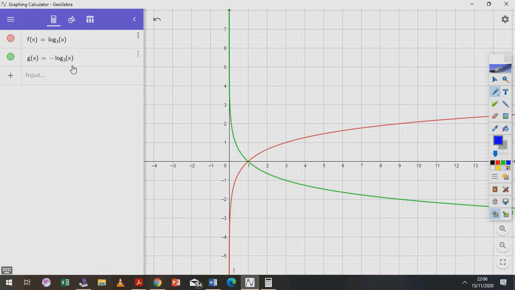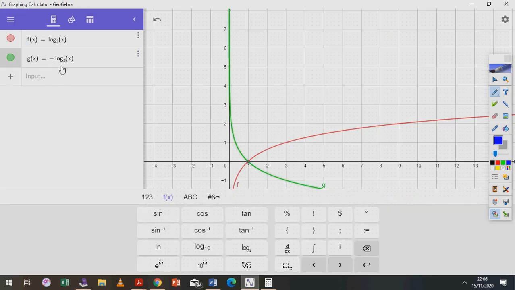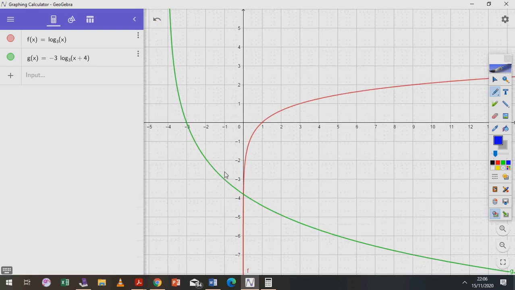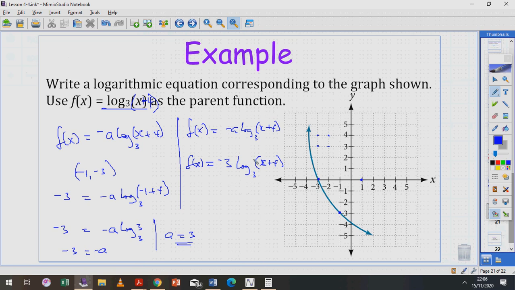And I can check my answer by putting a negative 3 here and a plus 4. The graph is the same graph that I have in that question. This point is negative 1, 3, sorry, this point is negative 3, 0. So yeah, that's how you do a question like that.